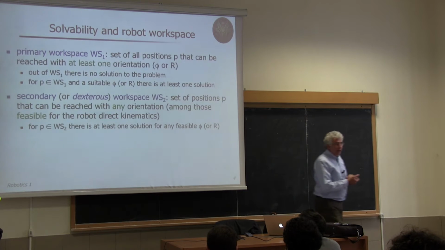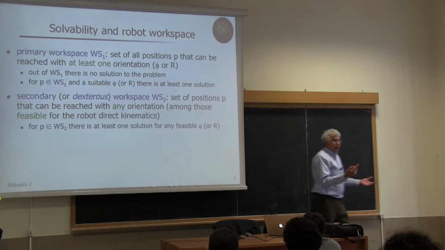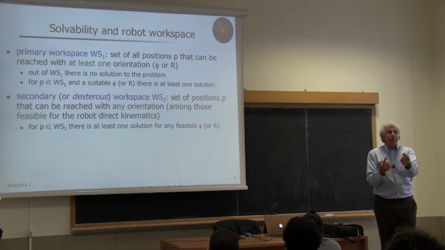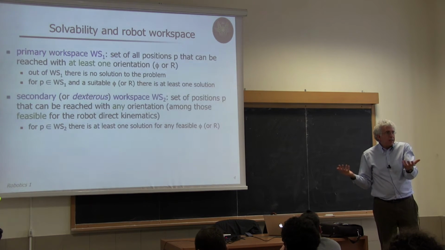So this is why, but of course, since by definition, there is some orientation given by R or the vector phi of three angles, such that I have a complete inverse kinematic solution when the position is inside the primary workspace. Because by definition, there is at least one. Now, if I'm giving exactly this desired value for the orientation, I will find the solution.